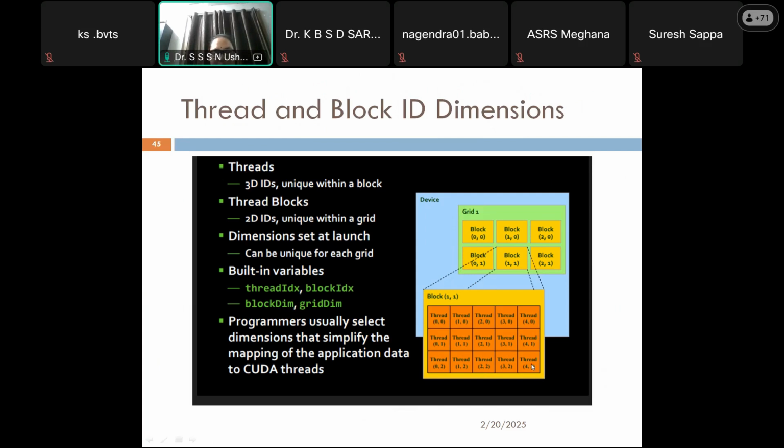Here it is 3 by 5. Grid dimension is the number of thread blocks, 2 by 3, in rows and columns, because the number of blocks present in the grid is the grid dimension.